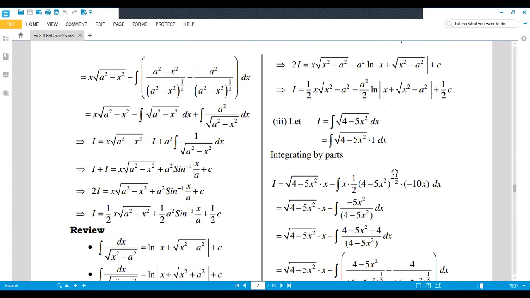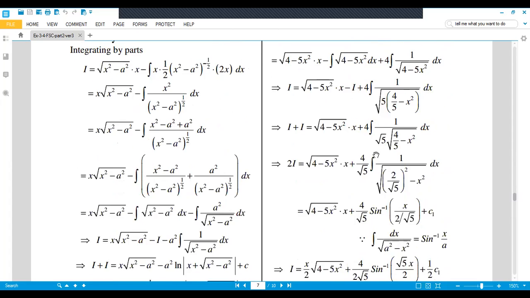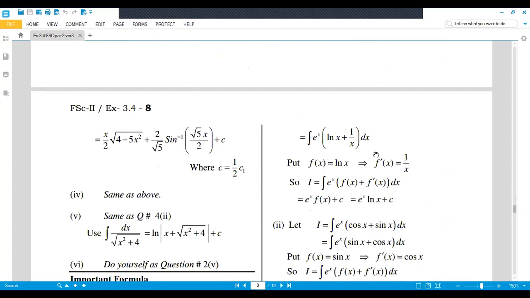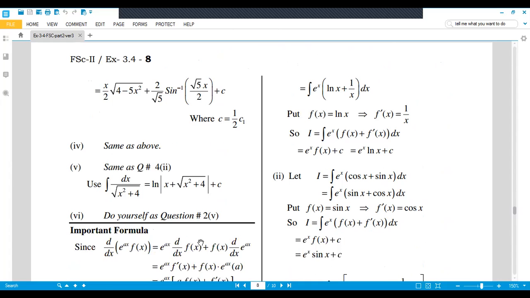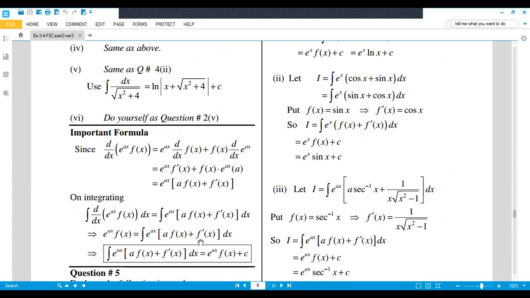Number 3 is just like the previous question. Again you multiply by 1 and solve it just like the previous question. And similarly, the fourth part and fifth part are the same as question number 4, second part, and the sixth part you try it. I hope you will easily do it.